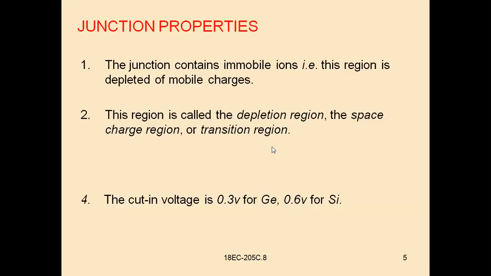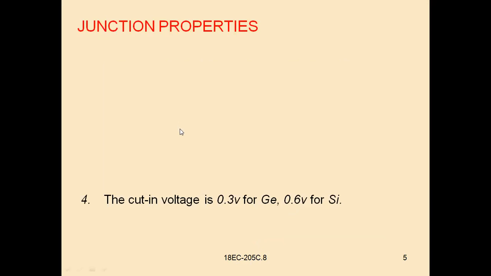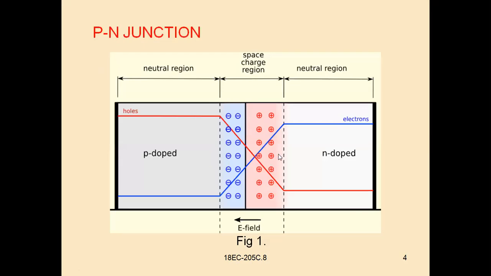Let us see the properties of the junction. So this is the junction. If you observe the junction, this junction contains immobile ions.